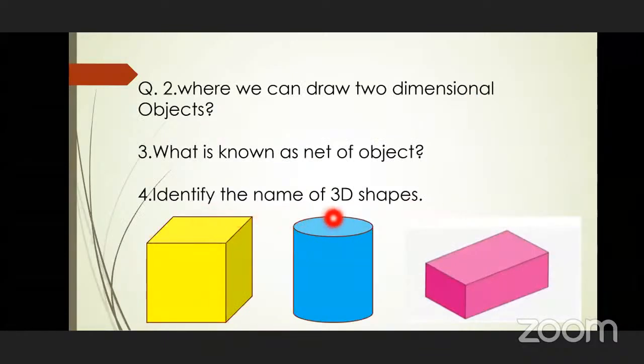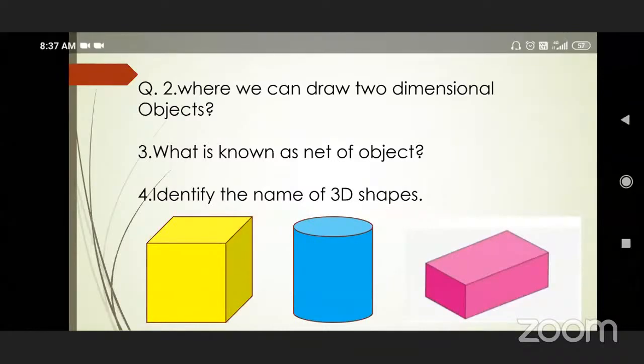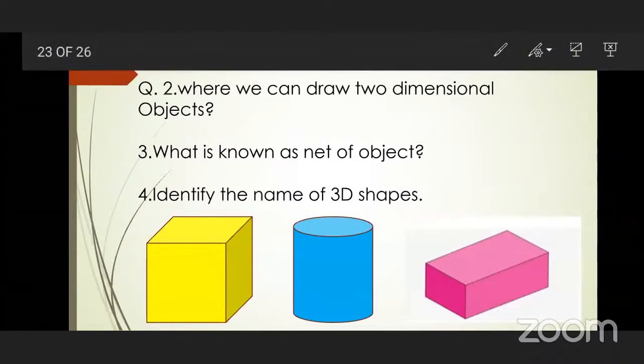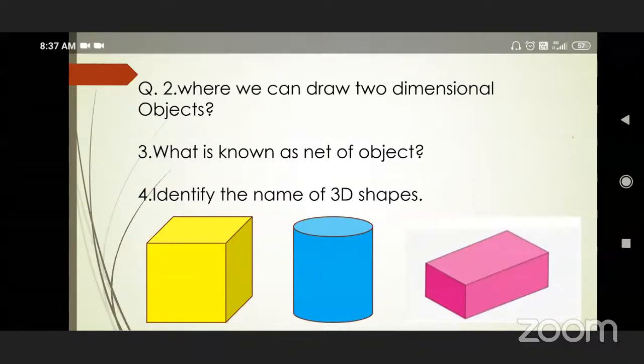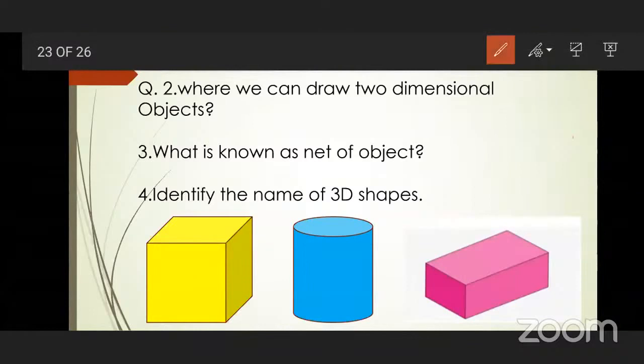Identify the names of 3D shapes. Okay, you have to identify the names of 3D shapes. Which is the shape? First one. Cube. Yes, this is a cube. Wait, we will write here. This is a cube. Which is the shape?